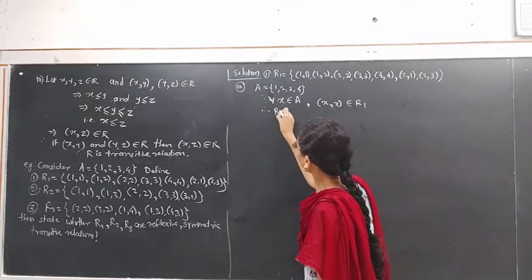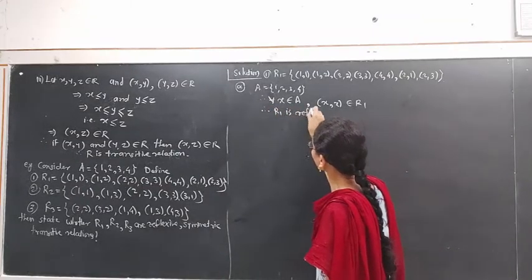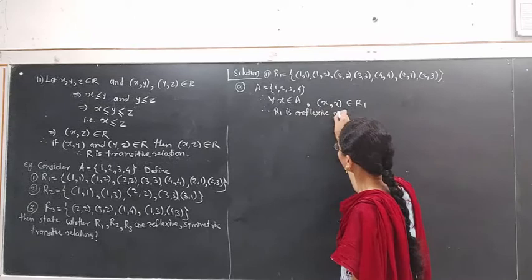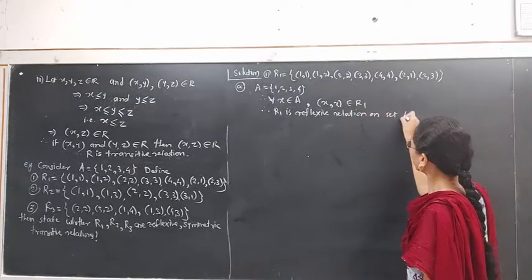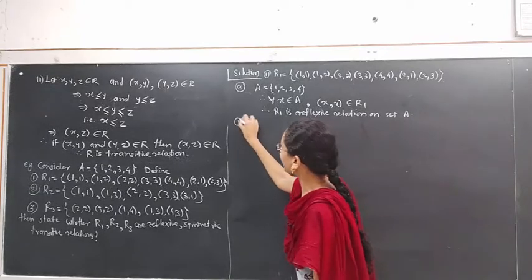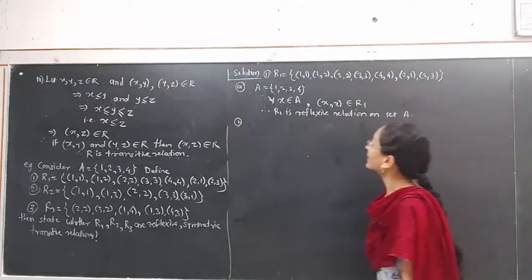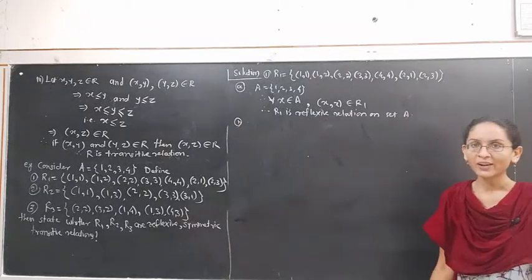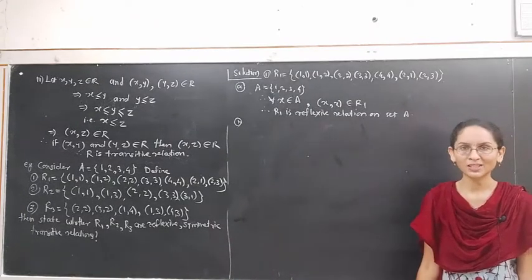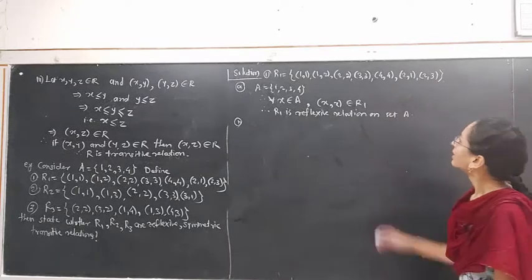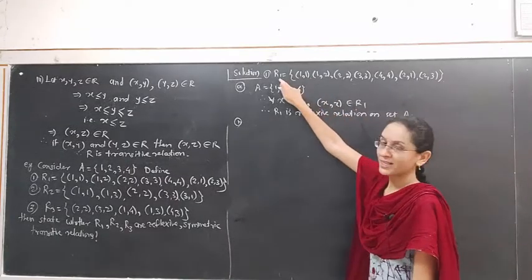Therefore, R1 is reflexive relation on set A. Second, we check symmetric. For that, consider the ordered pair of type (x, y) and check whether the ordered pair (y, x) belongs to the set R1 or not. (1,1) belongs to set R1.